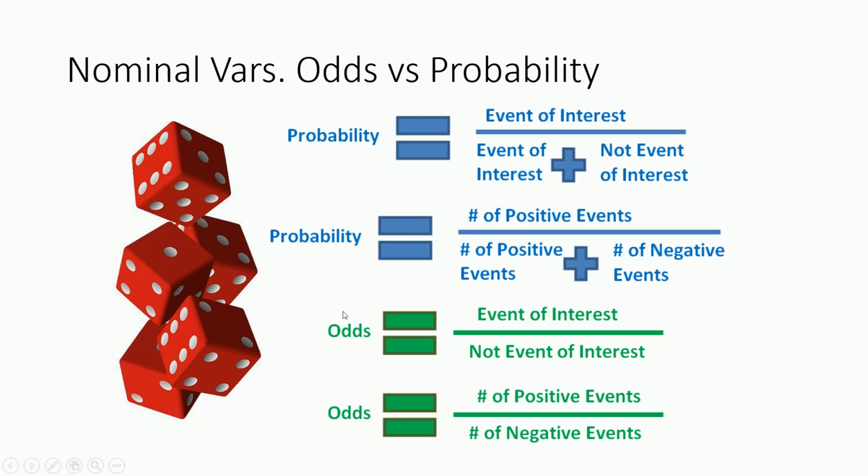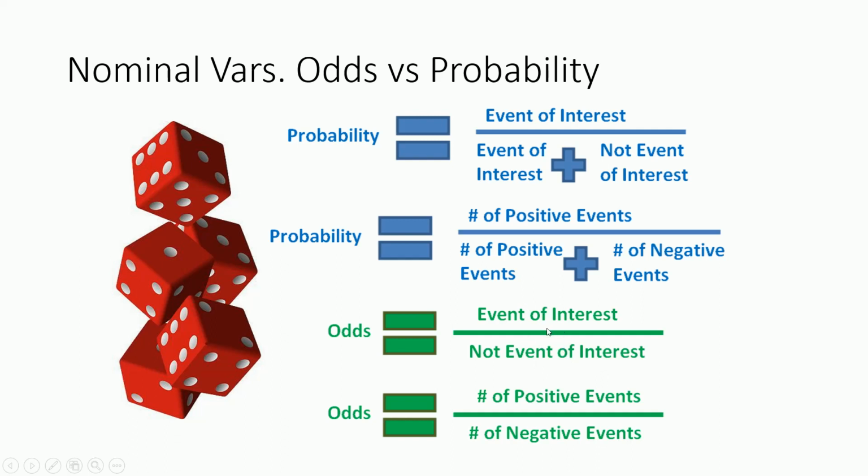Now, what is odds? Once you've understood the probability, odds is really easy to understand. Odds is simply the event of interest, which is 1 in this case, divided by the not event of interest, which is basically 5. So in this case, odds will be 1 out of 5.